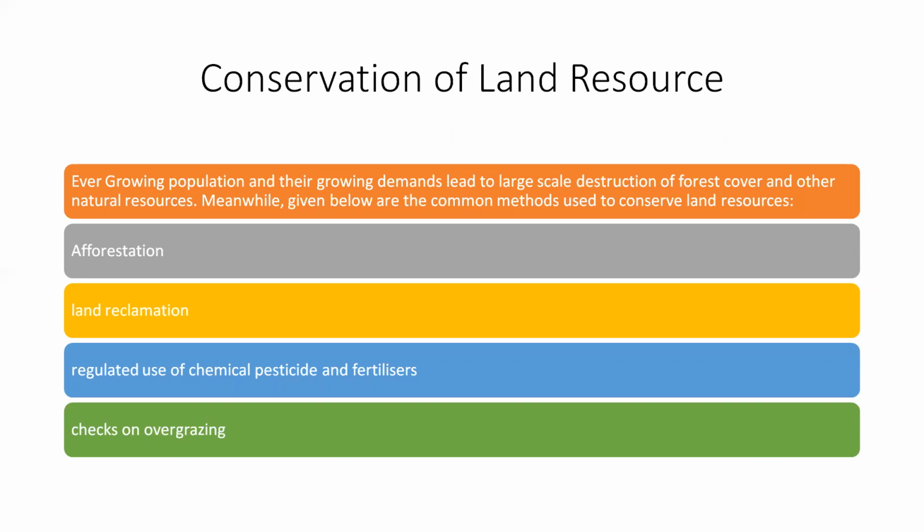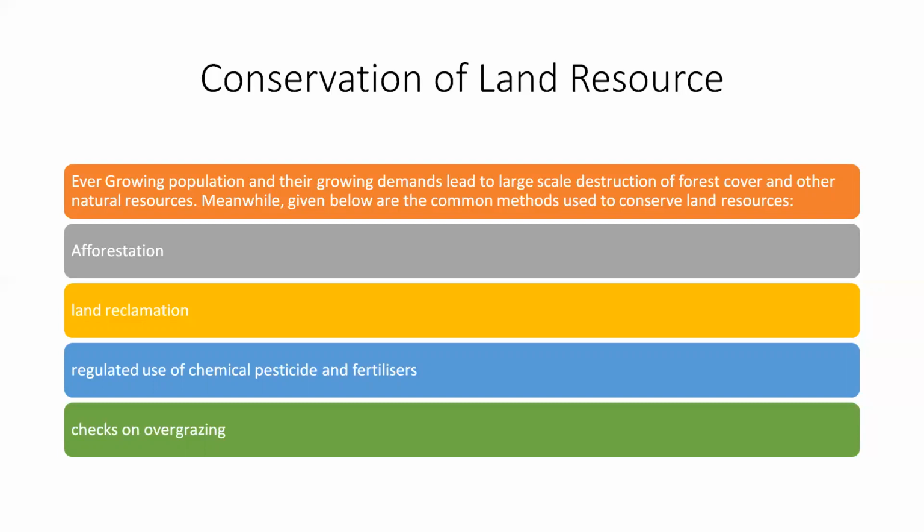Conservation of land resource. The ever-growing population and their growing demands lead to large-scale destruction of forest cover and other natural resources. Given below are the common methods used to conserve land resource: afforestation, meaning planting more and more trees; land reclamation, which means that land which is not inhabited or not in proper use is brought under use; regulated use of chemical pesticides and fertilizers, meaning controlling how much of the pesticides and fertilizer are used on a particular piece of land; and checks on overgrazing.